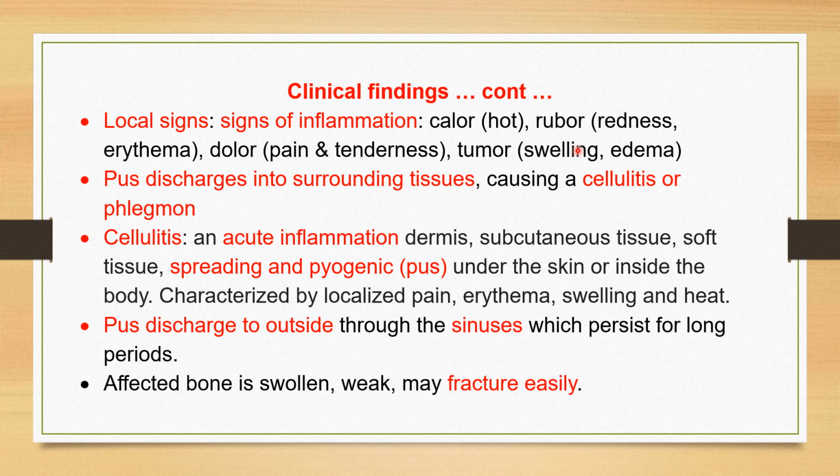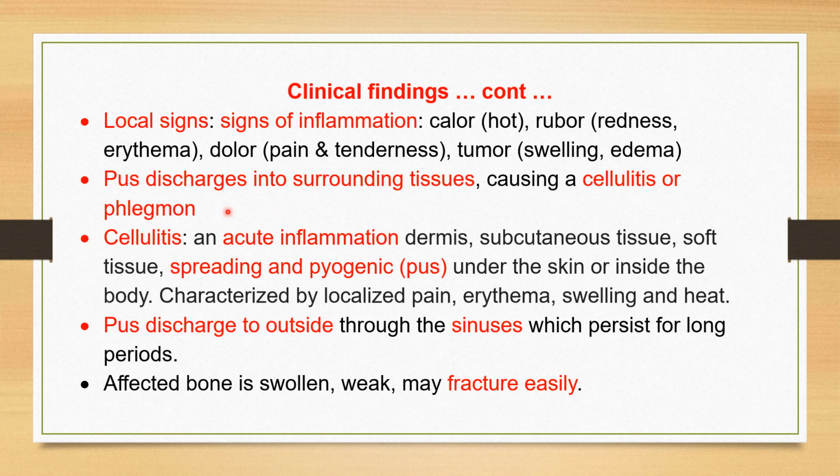Rubor, that part is red because of the inflammation, because of the erythema also. There is dolor, meaning the affected part shows pain and tenderness, and there is swelling and edema called tumor. So all signs of inflammation are present locally.